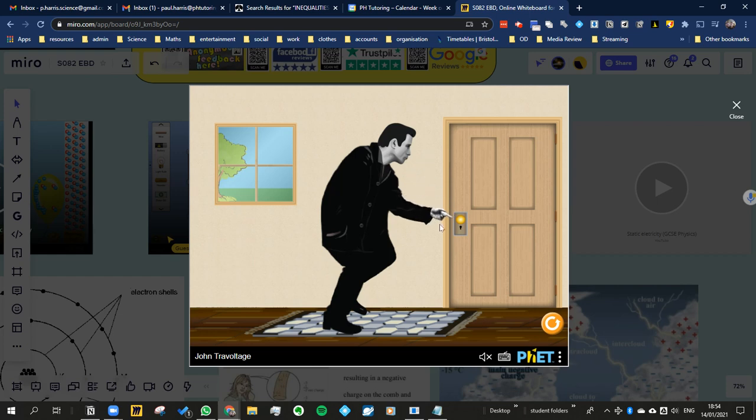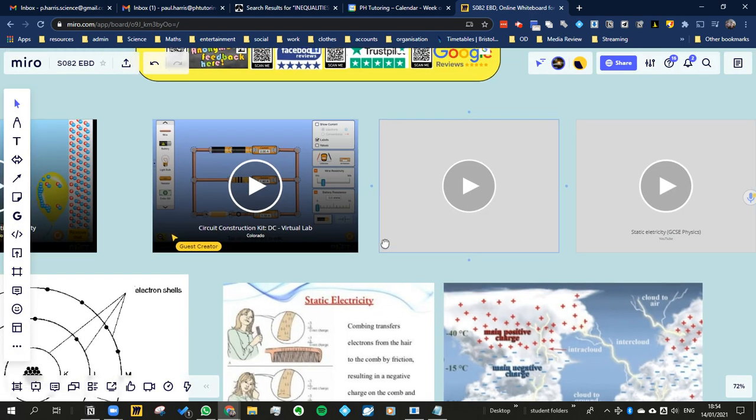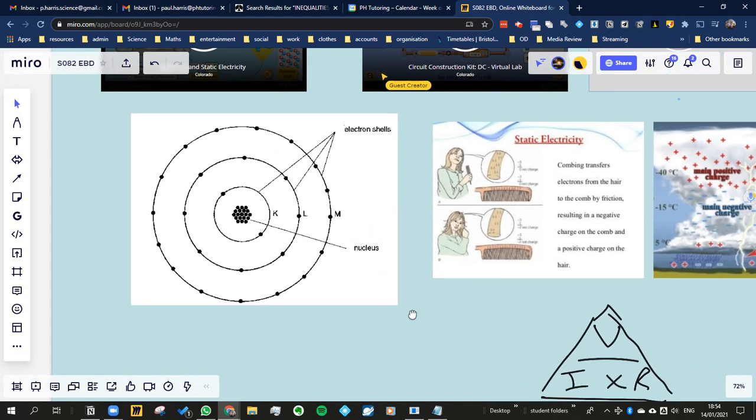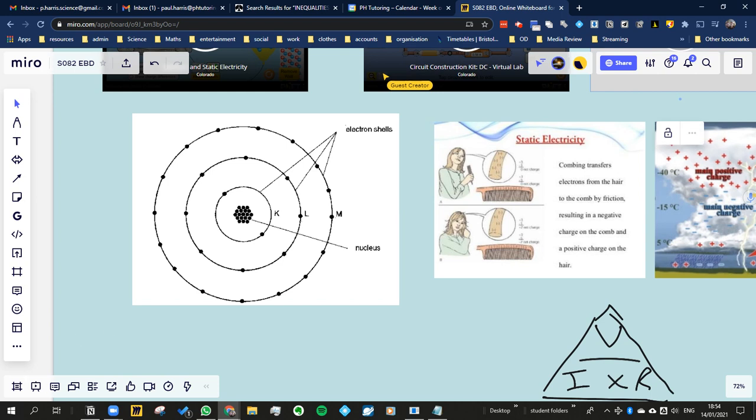The question is, why is it that friction causes a static charge to build up in the first place? If I have a look at the picture of an atom, you can see from this diagram that atoms have electrons around the outside.